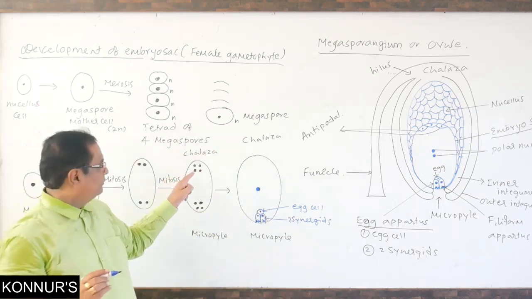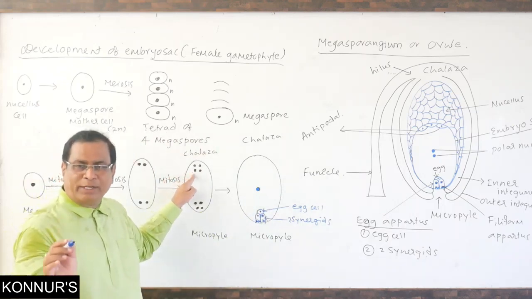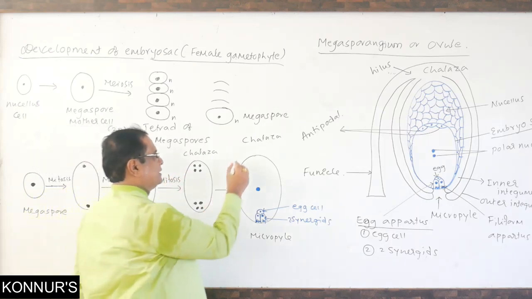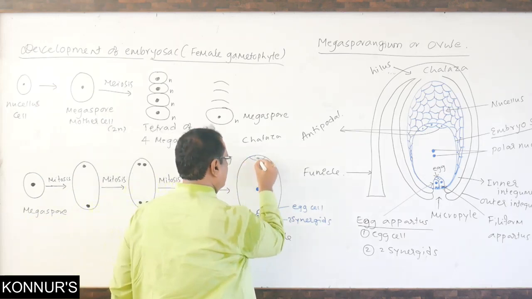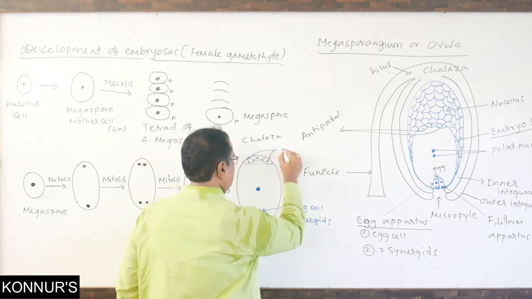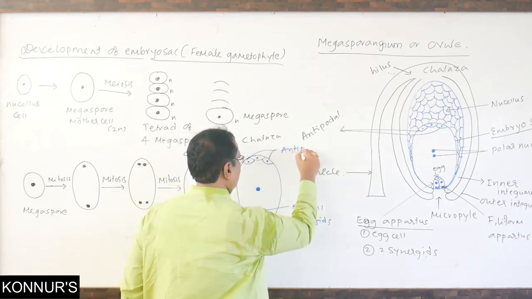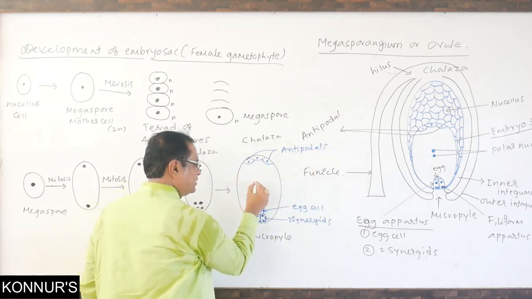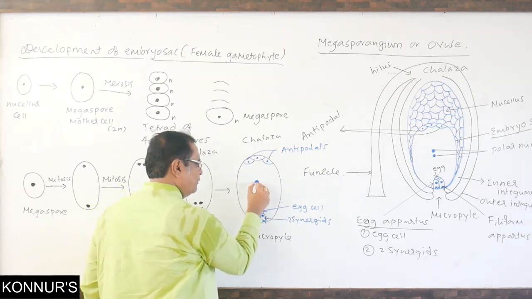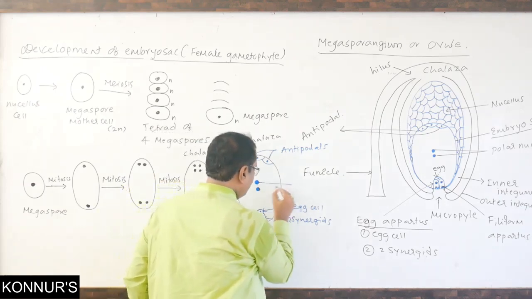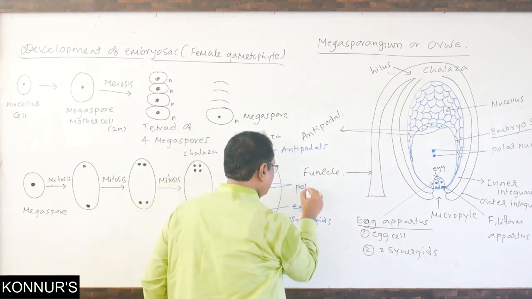And here there are 4 haploid nuclei, around 3 nuclei, cell wall is formed, and they become 3 antipodals, and one nucleus remains, will be free nucleus, and these two are polar nuclei.